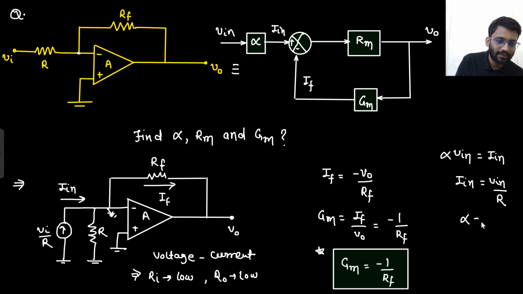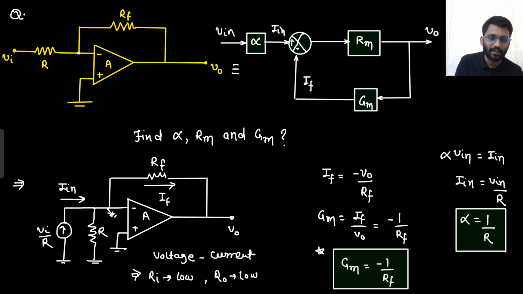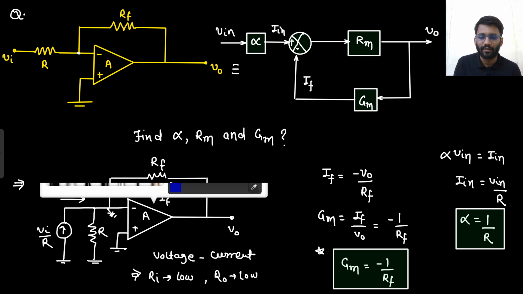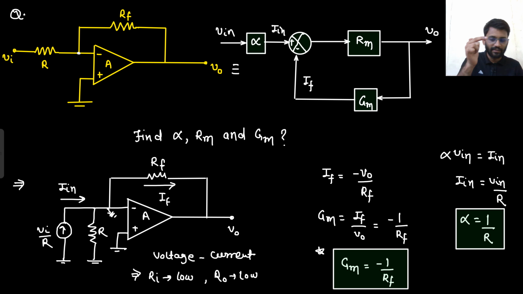That your alpha is 1 by R. Iin is Vin by R and alpha Vin is equal to Iin only. So alpha value is 1 by R and Gm value is also there.